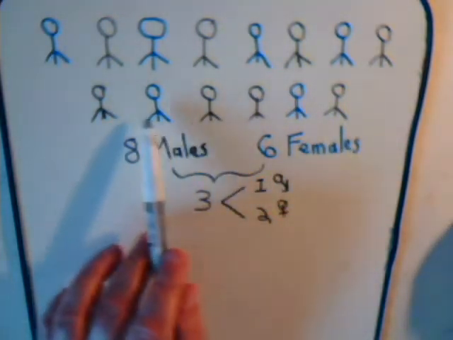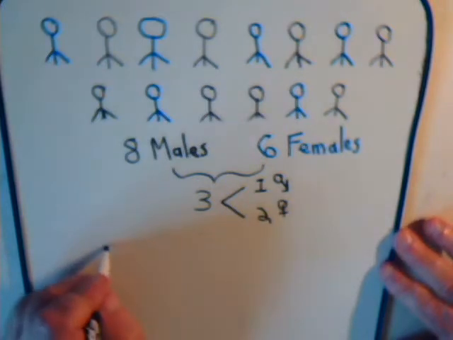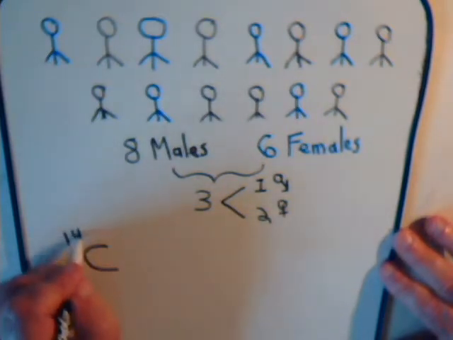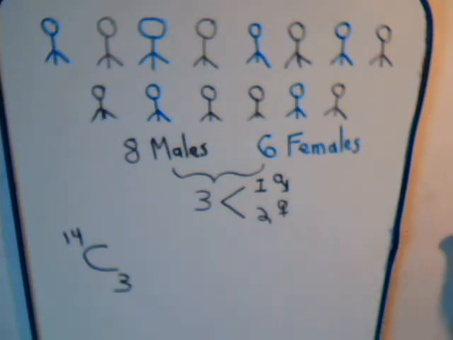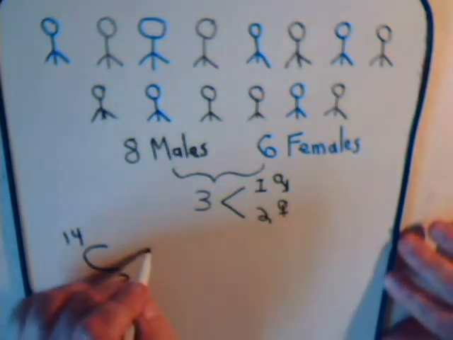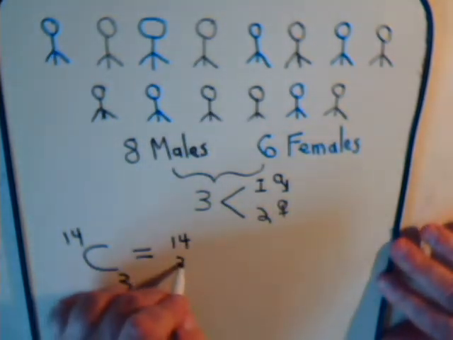So let's figure out the second part first. Here we have 14 individuals. We're going to select 3 individuals at random. How many different ways can we do that? And if you remember from our combination videos, that answer is simply this. Here we have 14 individuals. We're randomly choosing 3 of them. The order in which we choose them has no relevance whatsoever. So the number of ways that we can select 3 people from among the 14 is just a simple combination problem. And of course, that is this binomial coefficient, 14 over 3.